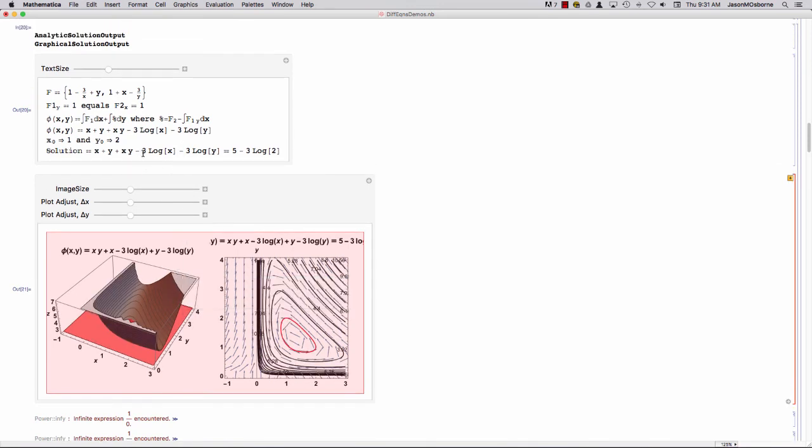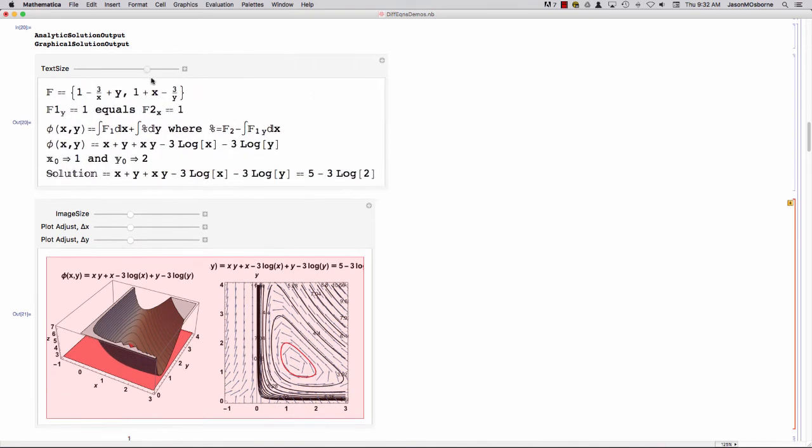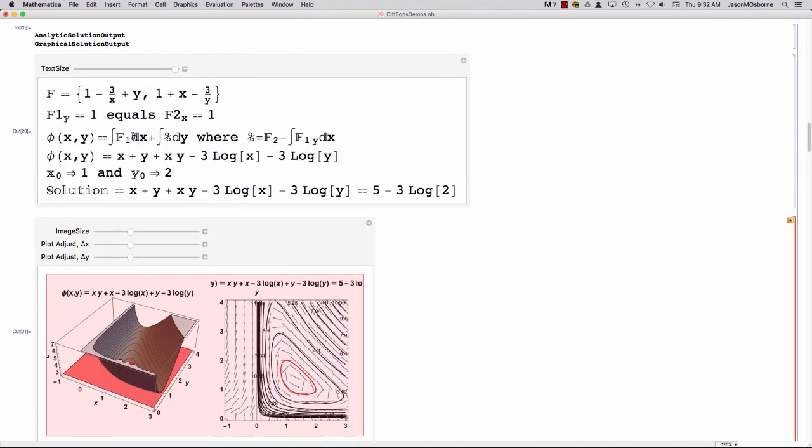All right, and here is the solution that I think we wrote down on the previous page. You can see that f1y is equal to f2x. We went through this formula, computing all those integrals. Here was your potential function.